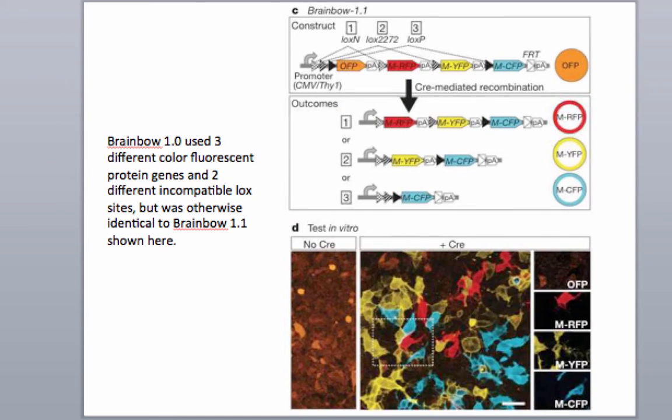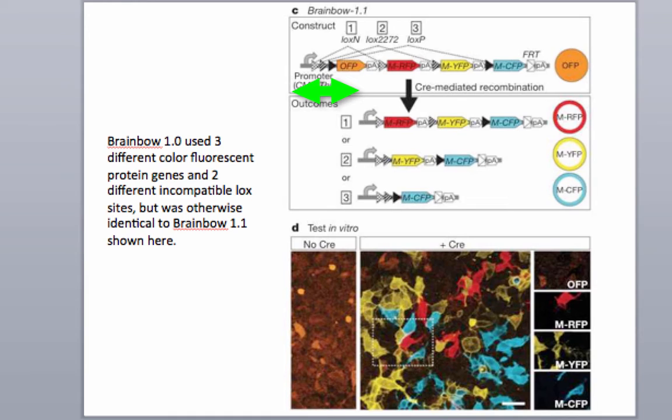Now, what does incompatible lox site mean? Well, first, lox sites were from phage P1, and they are roughly, as I remember, 34 base pair sites where an enzyme called Cre carries out site-specific recombination between 2 lox sites.